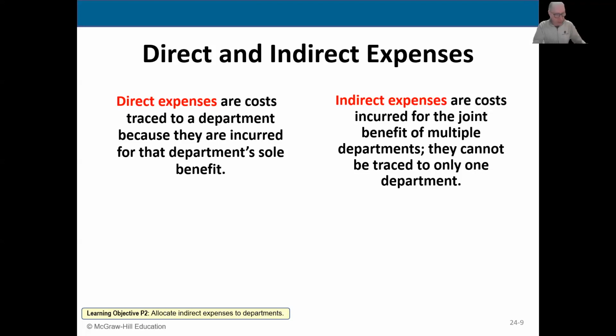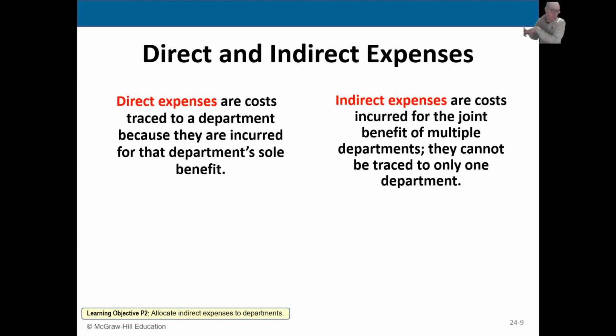The jewelry department makes sales because we have employees selling the jewelry. The wage expense of those employees is a direct expense for the department. You see, it's cause and effect. The sales being made are the benefit. The incurred expense is the wages for that department. Yeah, makes sense. So that's an example of direct expenses.